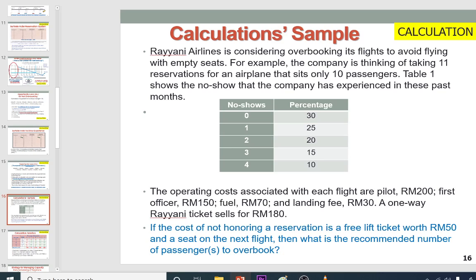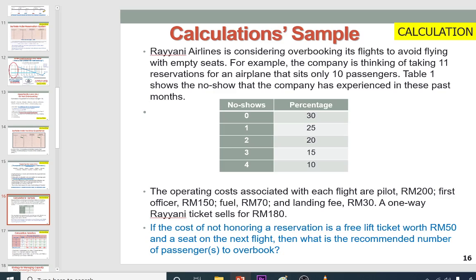The question is, if the cost of not honoring a reservation is a free lift ticket worth 50, so if a passenger cannot get the seat, Ryanair could put this passenger on another flight, which will cost them 50 ringgit a seat for the next flight, or to the other airline company.